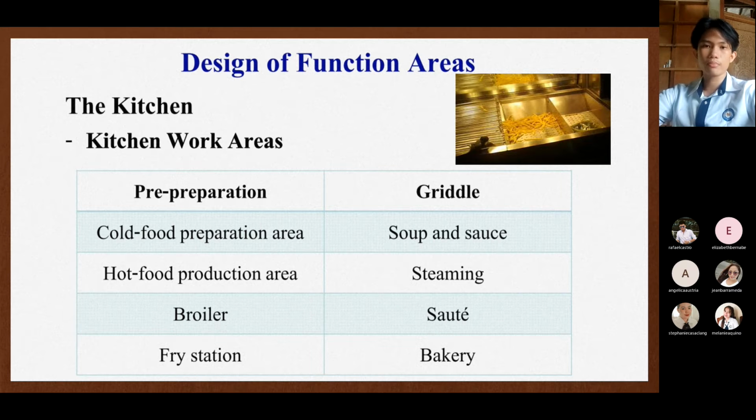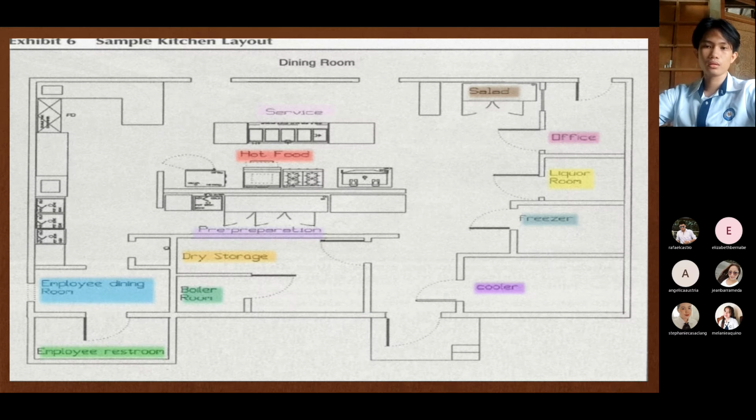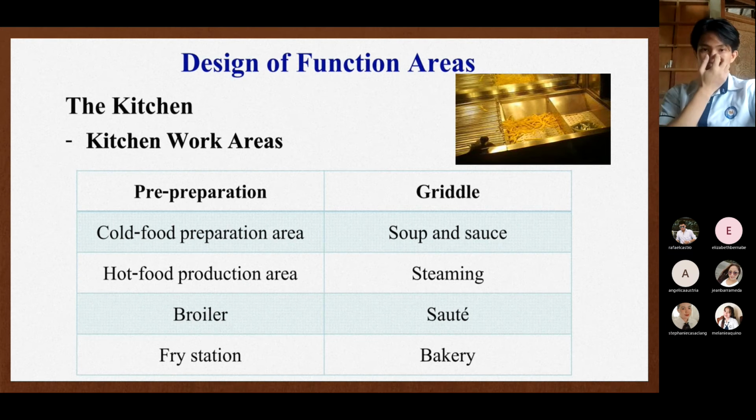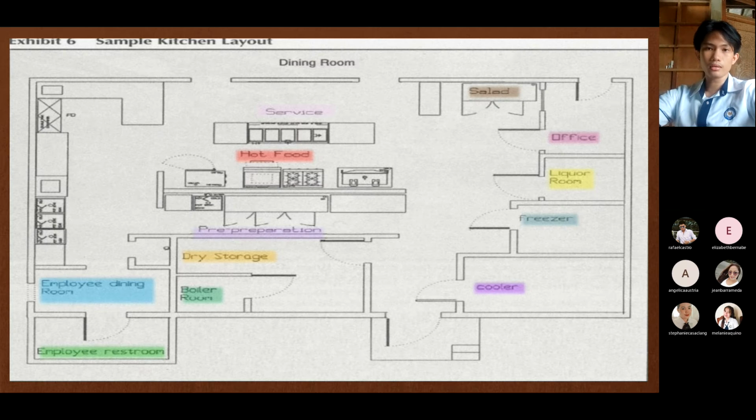The next is the L-shaped equipment configuration. As you can see, it's like an L-shaped arrangement of the equipment. U-shaped equipment configuration, so it's like a U-shaped pattern. And the parallel back-to-back equipment configuration.